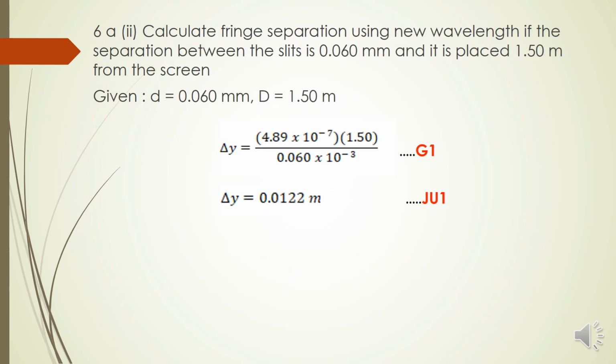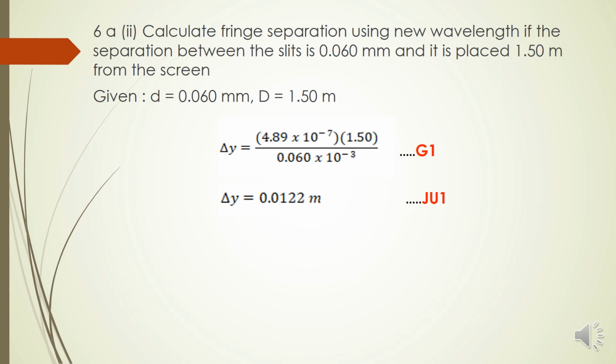For the second question, 6A2, calculate bright separation using new wavelength if the separation between slits is 0.06 mm and it's placed 1.5 meter from the screen.